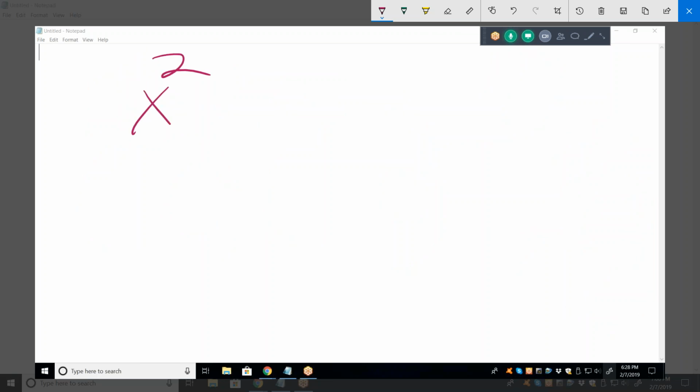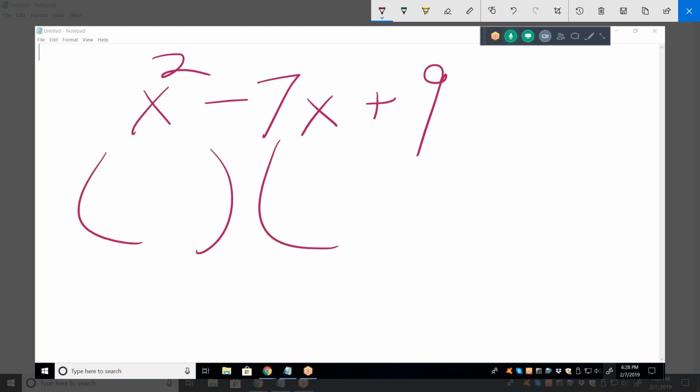Here, let me give you one that doesn't factor. Try to factor that. Okay, so 1 and 9. Start with step 1. So x and then x on the other side. And then the signs, it would be a plus and a minus.